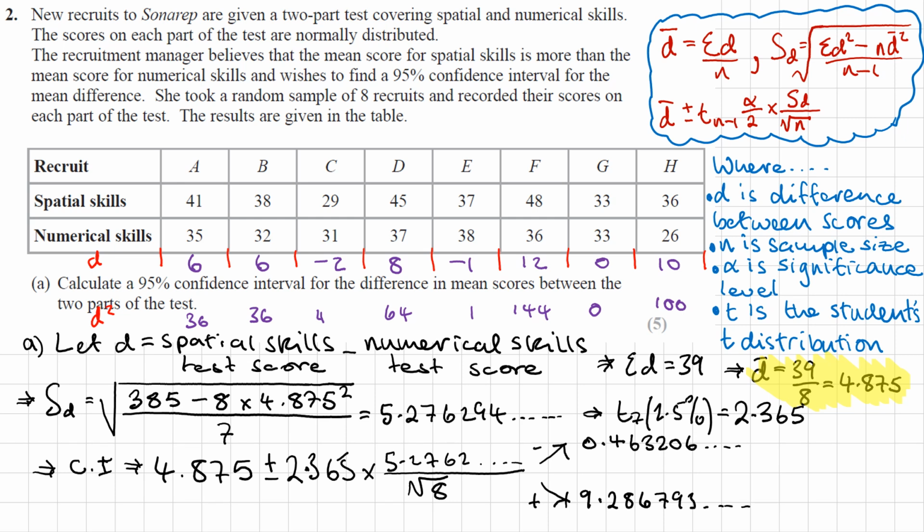So I will have 0.463 and 9.29 as my confidence interval, and that's given to three significant figures. So I can be 95% confident that the mean of the differences should be between these two values here.